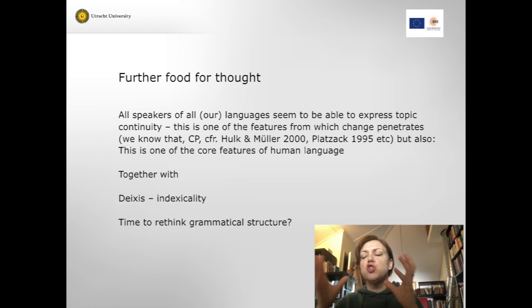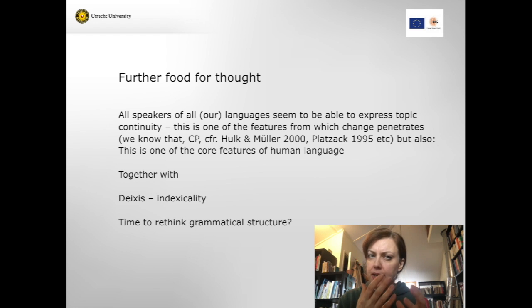And the fact that change penetrates through the interface shouldn't lead us to believe that topic continuity or topicality is a non-core notion. We usually assume that core grammar will not be touched by change. And we say, okay, topics are touched by change, they're the first ones that change, so that's not core.